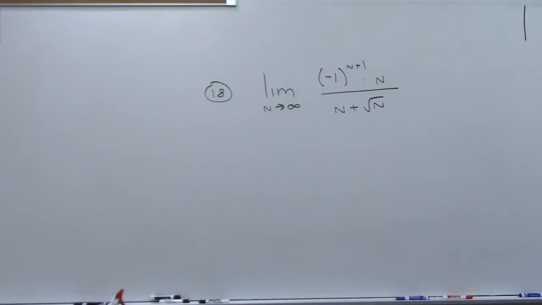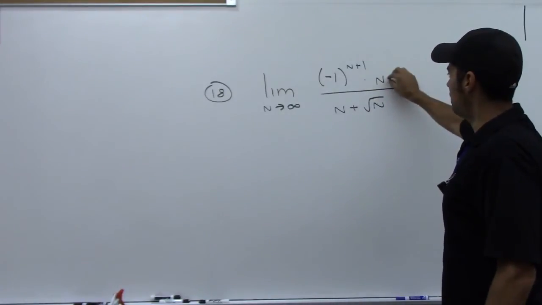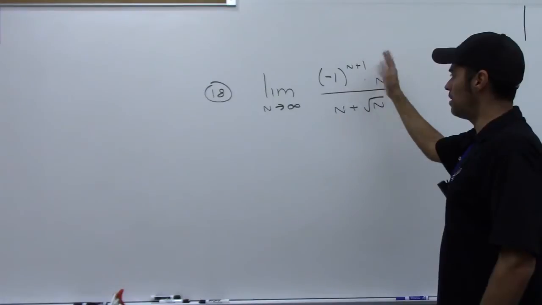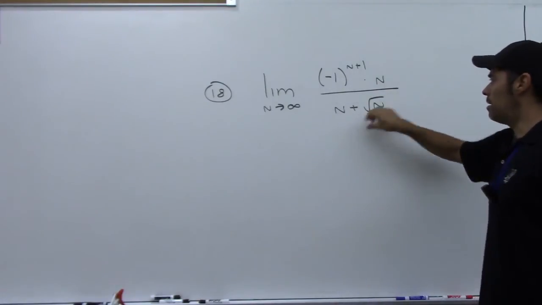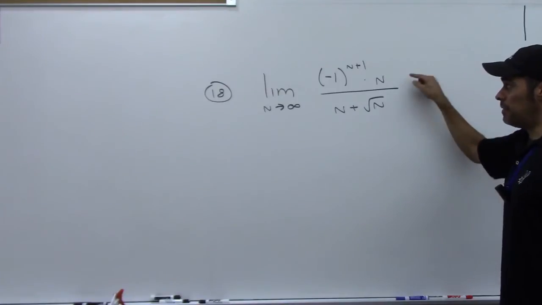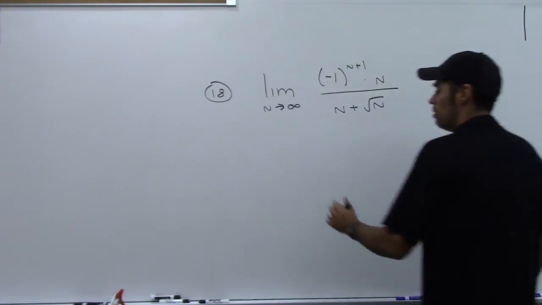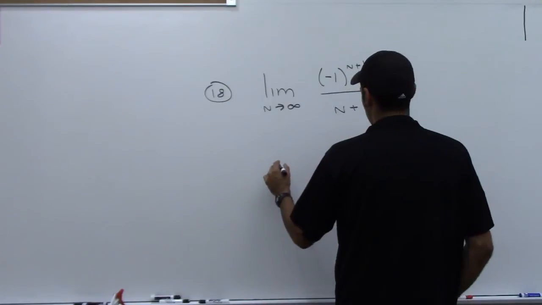So what's happening here? On the top, it's getting big, but it's alternating between positive and negative numbers. And the bottom is going to infinity. So we almost have like an infinity over infinity, except for the fact that the top keeps switching between positive and negative.